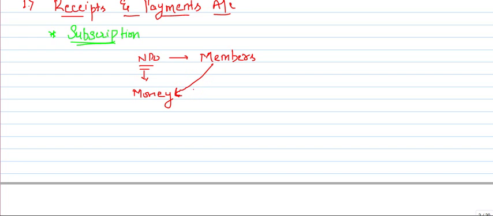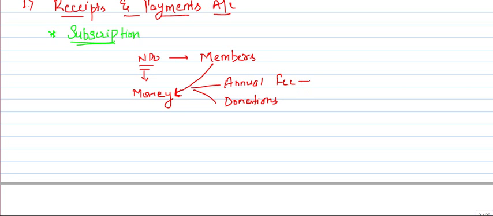Now, this can be in the form of annual fee, right? You fix an annual fee that all the members have to pay, a fixed annual fee, right? And other can be donations. In between also the members can make donations besides the annual fee. The annual fee is compulsory, right?